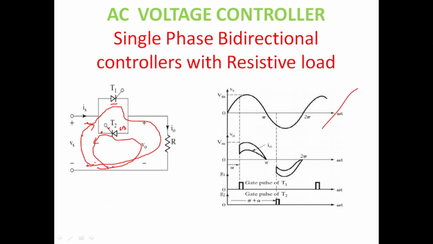Consider that the supply here is coming from the transformer secondary. You can see this current is flowing in this direction, and whatever current is flowing is shown here.